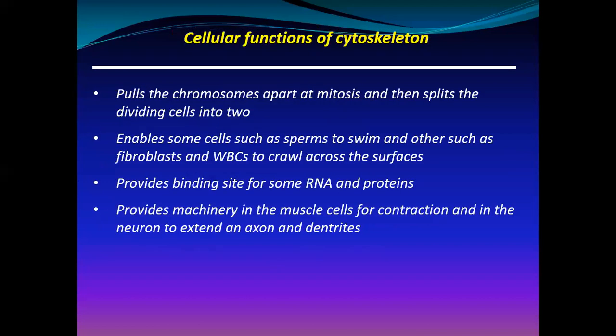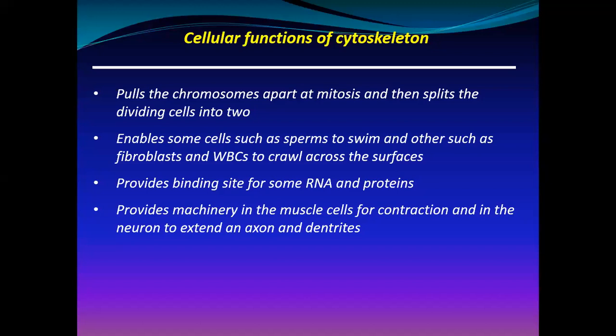Okay. So coming to the cellular functions of the cytoskeleton, there are some more here. It pulls chromosomes apart at mitosis from the central plane of the cell to either side, the two poles of the cell.